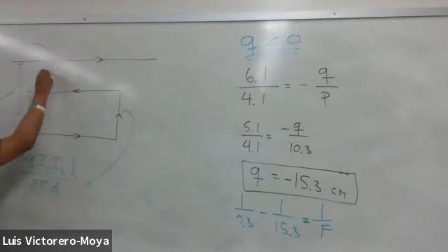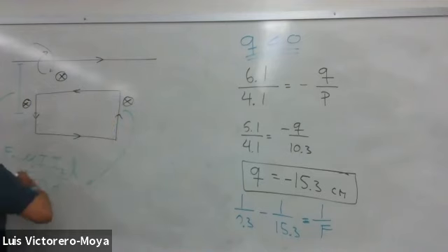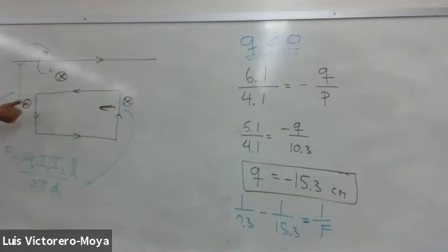So this is going like this. Into the page. So here is into the page, into the page. Look, a force going like this, but this goes what? Like that. These two forces cancel with each other. That's why you have to figure it out.